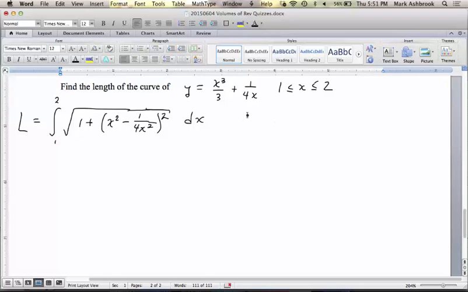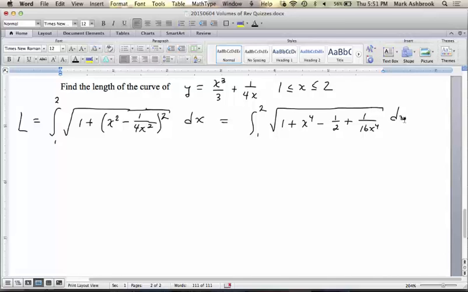So we're going to expand this and try to get something we can do, okay? So we're going to have 1 plus x to the 4th minus 1/2 plus 1/16 over x to the 4th. Did I expand right?